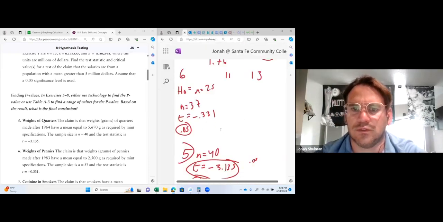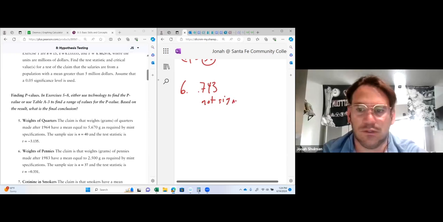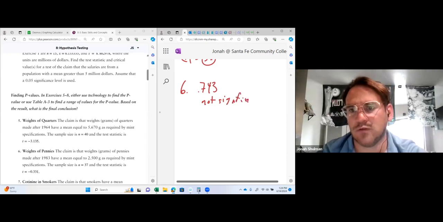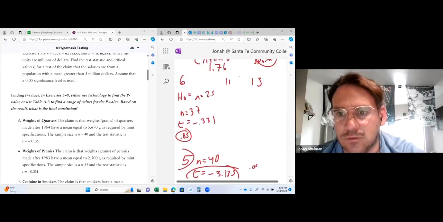So for number 6. Usually, we don't have these values without actually having the data, so without the data, it makes it way harder to do them. Now let's go to 11.